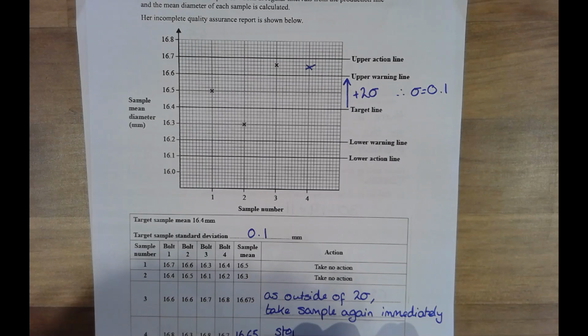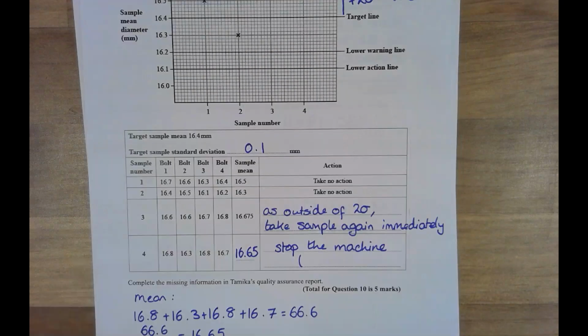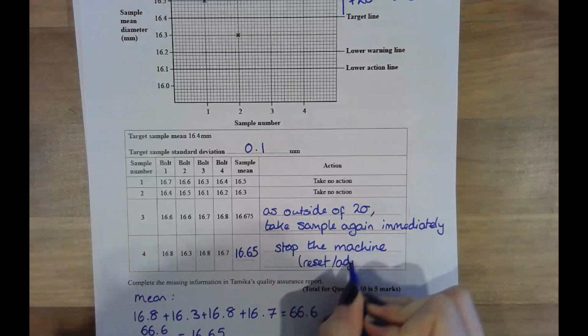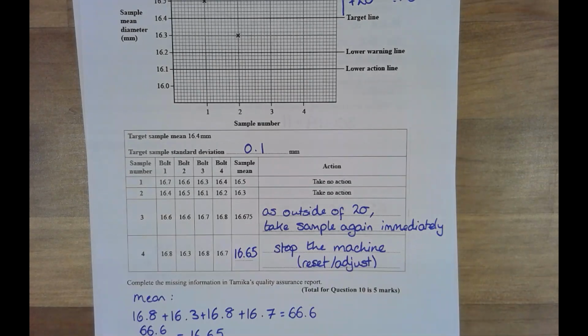And the reason for that is to reset or adjust the machine. So we've stopped the machine so that we can reset or adjust. Instead of saying stop the machine, we could have said reset the machine or adjust the machine as well.